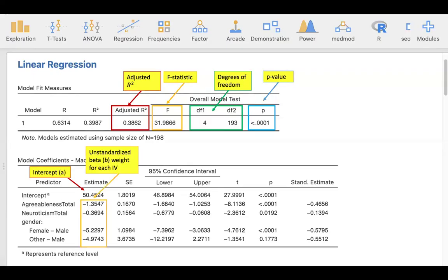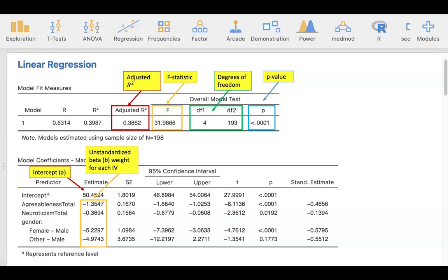The next one that we're going to look at is below this. Below the intercept, we have agreeableness total, neuroticism total, and then again these dummy coded variables of female and other that are being compared to the reference level of male. These are the unstandardized beta weights, for each of the predictors or independent variables. You can see that they're all negative.